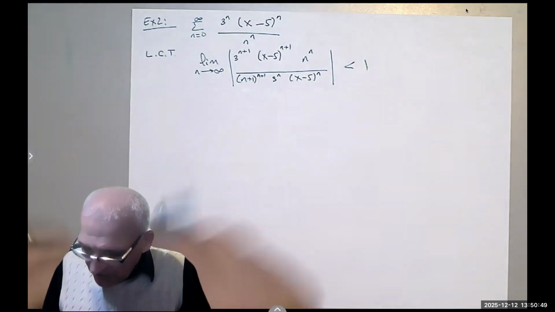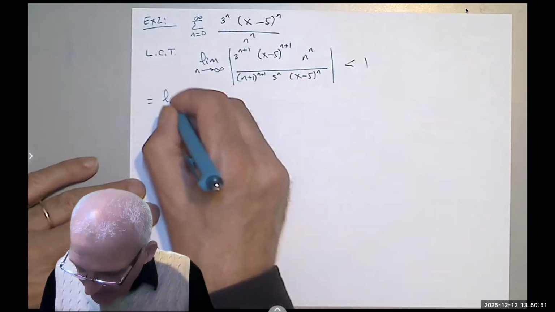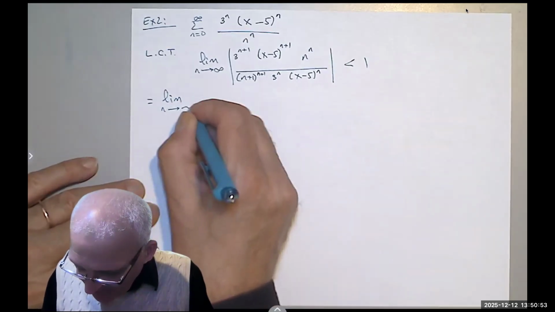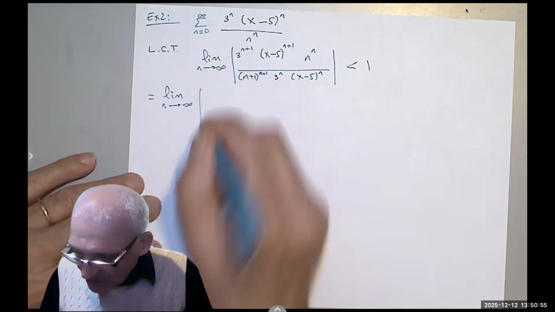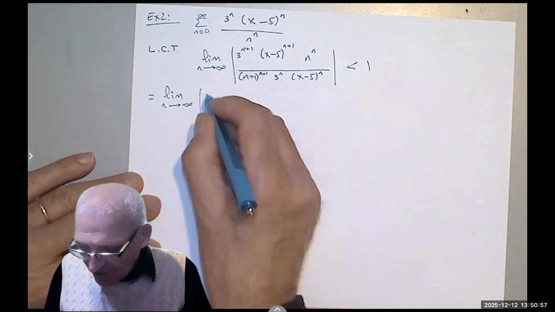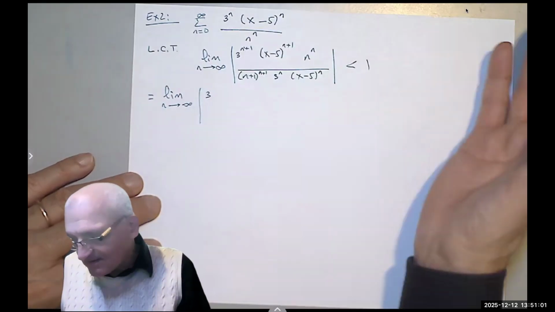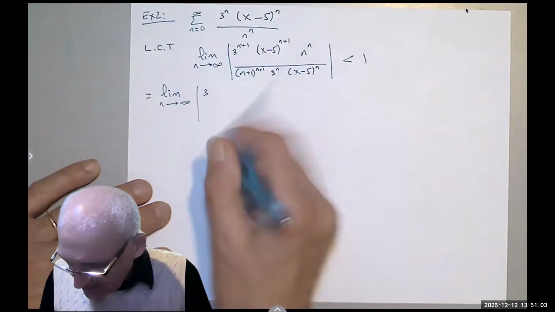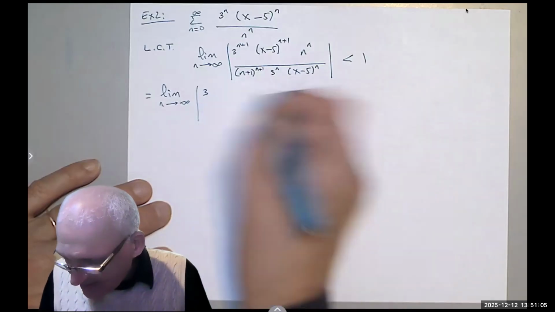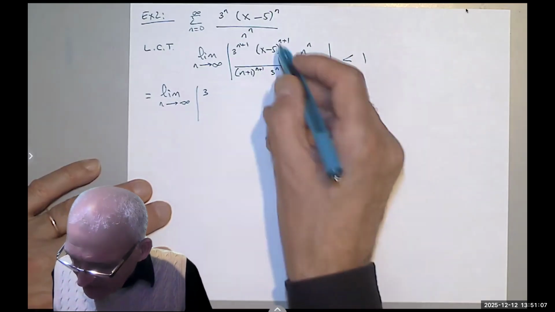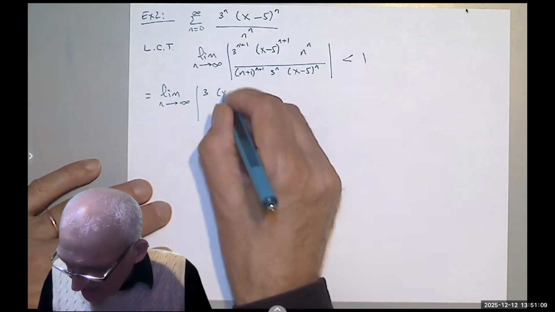So that becomes the limit as n approaches infinity of the absolute value. This over that is 3. Notice the number is irrelevant here. It's relevant later, of course, but here it doesn't have n. And this over that is just x minus 5.